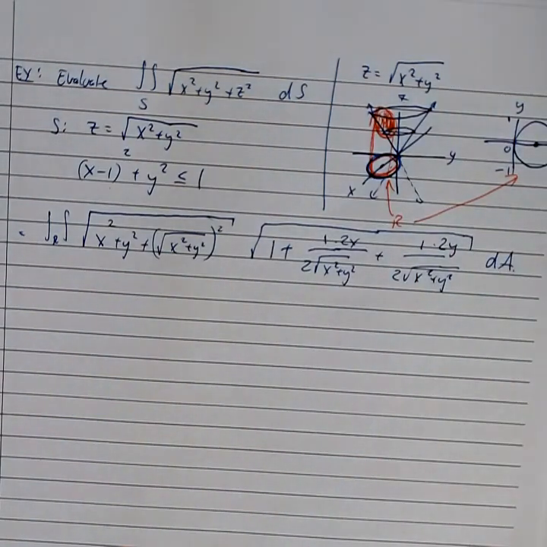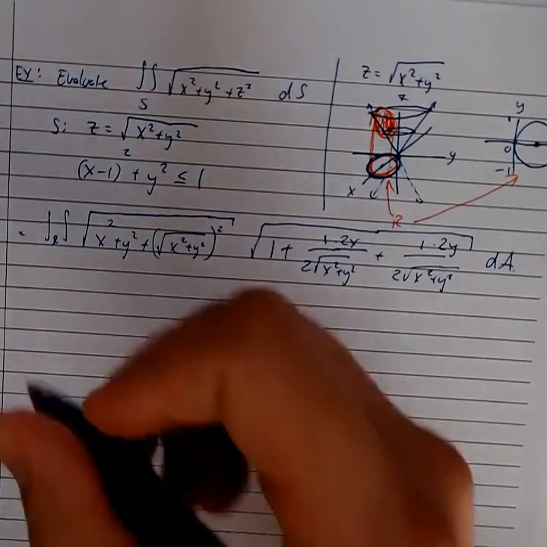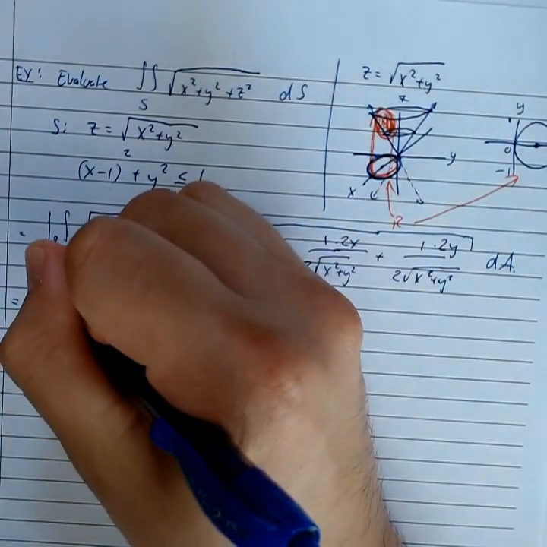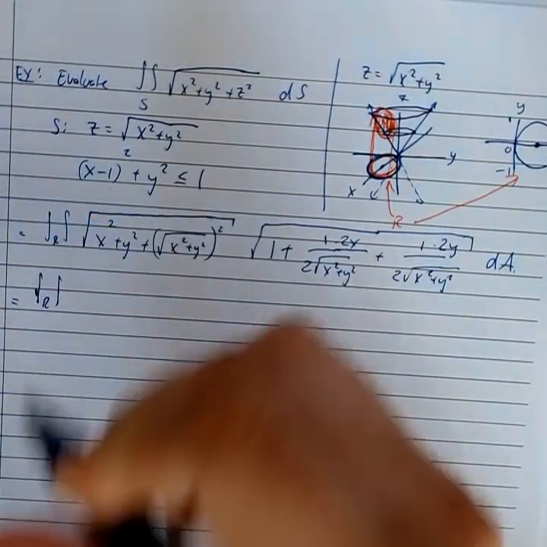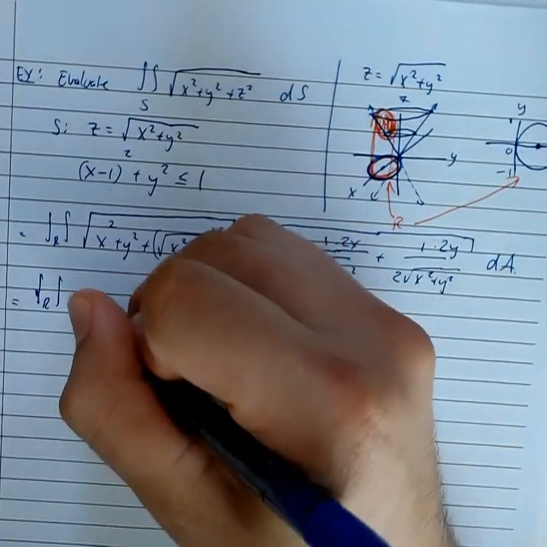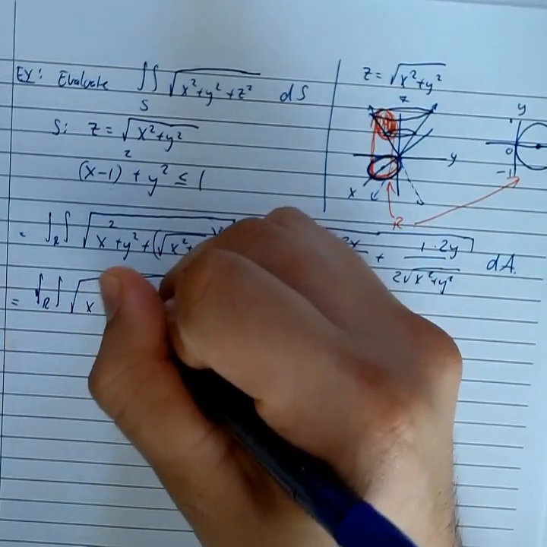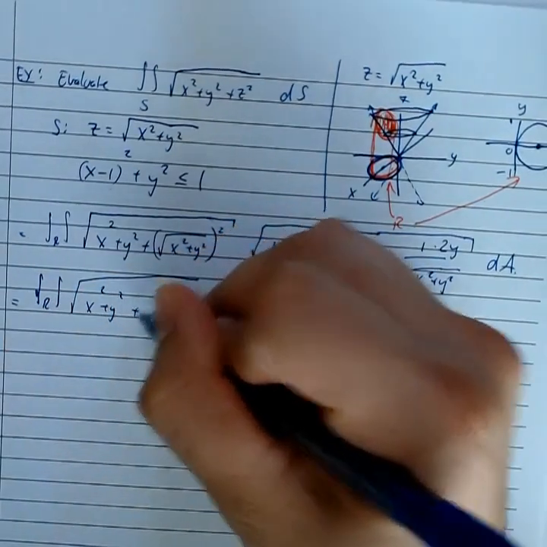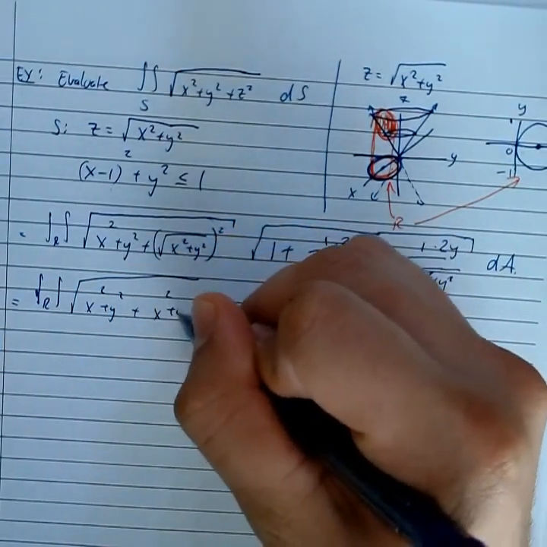Right. That's going to simplify significantly. Here we can write this as the double integral over R of, well, let's see here, that square root and that square cancel out, so I'm going to end up with the square root of x squared plus y squared plus, well, that's another x squared plus y squared.